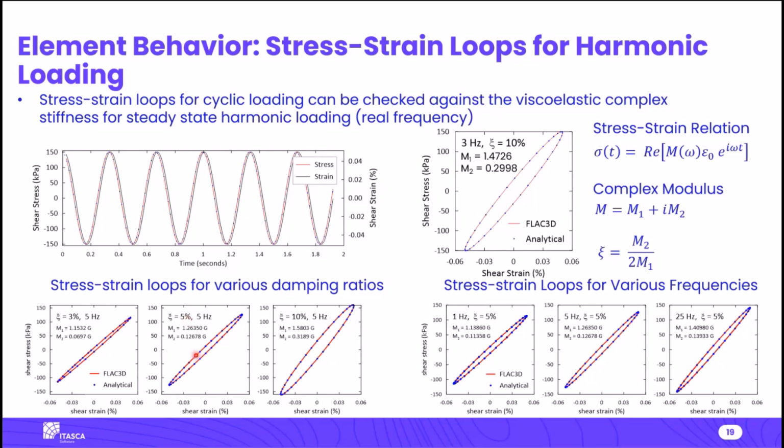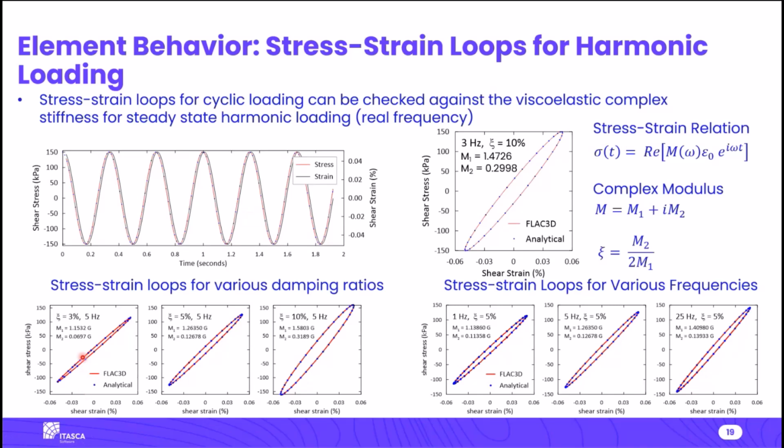First, stress strain loops for harmonic loading. For these stress strain loops for cyclic loading, we can compare FLAC element behavior to the viscoelastic solution using the complex modulus. This is a time history of stress and strain for particular elements cycled at a particular frequency and a particular cyclic strain amplitude.